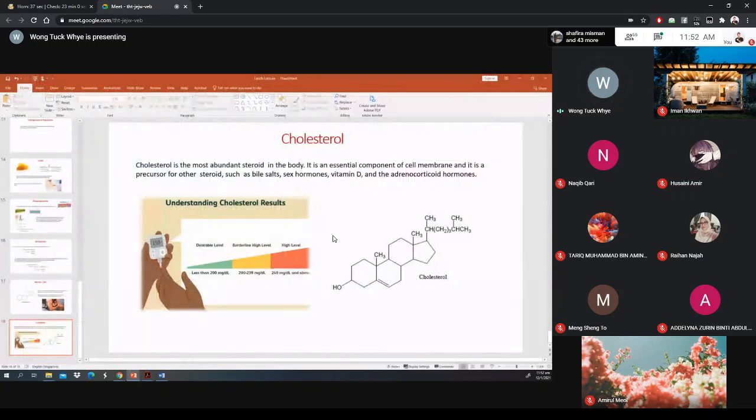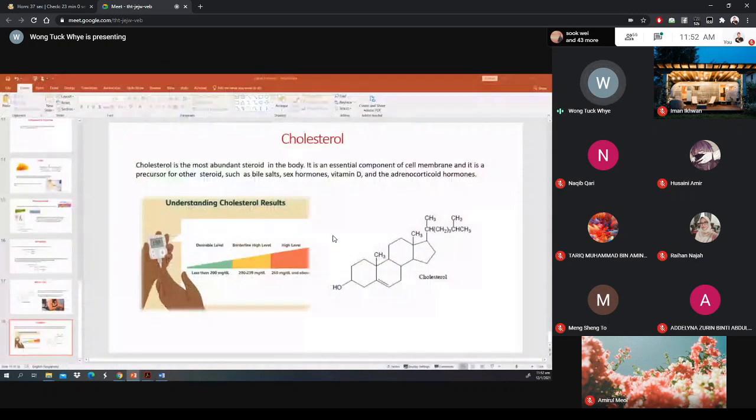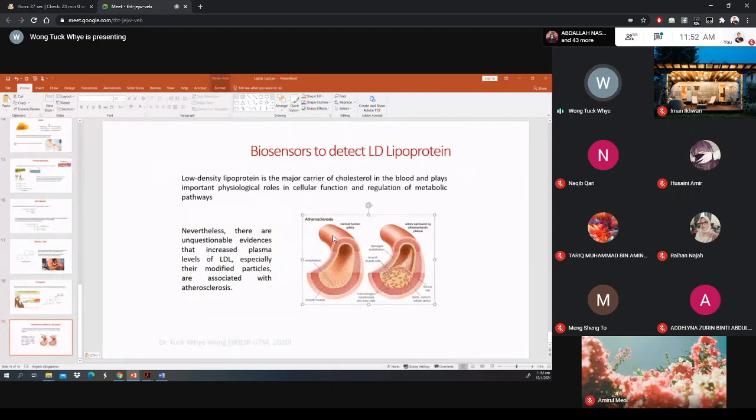Okay, I think we will have to end our class today. I will need to go through this stuff: biosensor to detect LDL lipoprotein. We have low density lipoprotein, which is a major carrier of cholesterol in your body, and which also plays very important roles in cellular function and regulation of metabolic pathways.